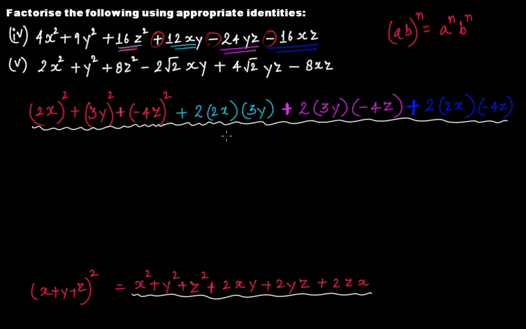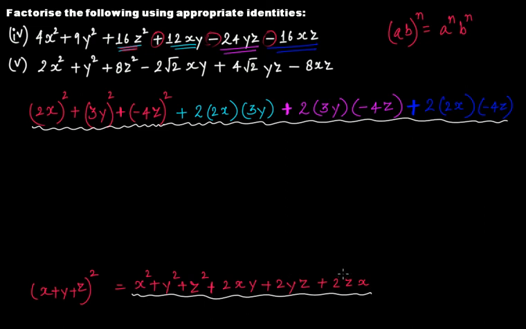Also, one important thing, don't get confused that here we have only x, y, z, and here we have 2x, 3y, and minus 4z. Well, this can be written as a plus b plus c whole squared is equal to a squared plus b squared plus c squared plus 2ab plus 2bc plus 2ca. You can write it as r plus s plus t whole squared is equal to r squared plus s squared plus t squared plus 2rs plus 2st plus 2sr.